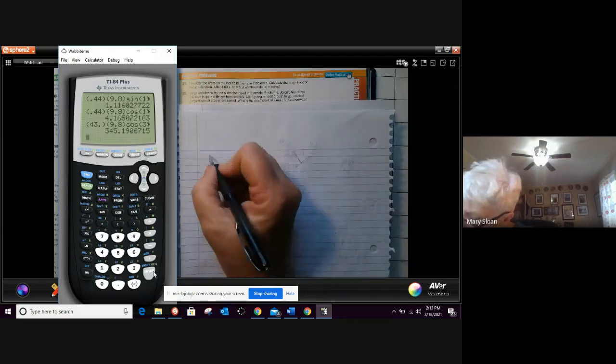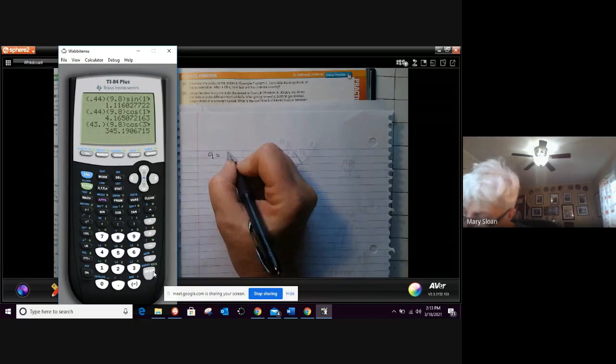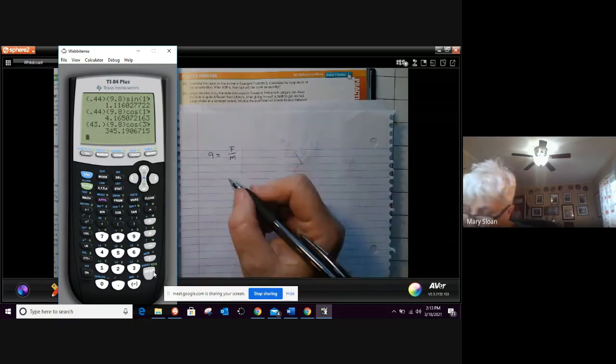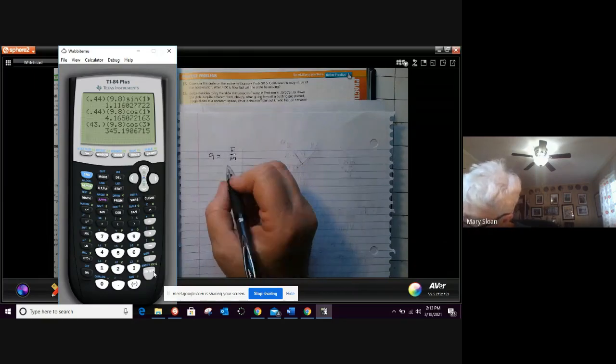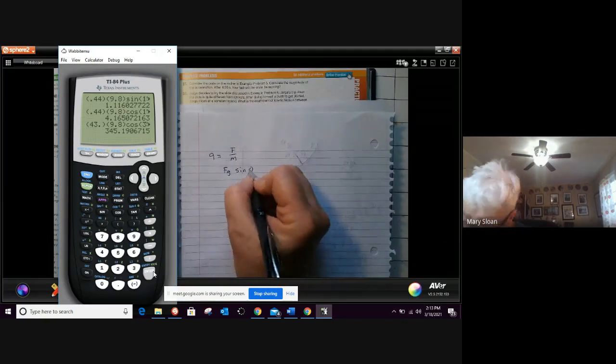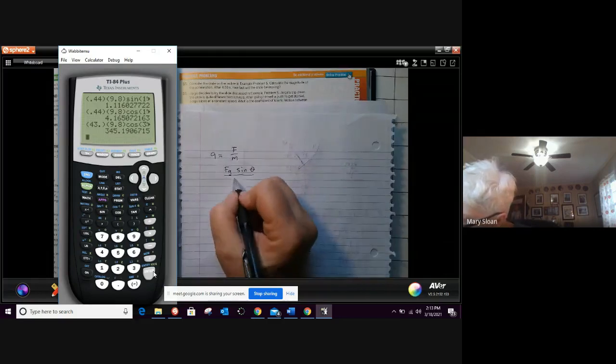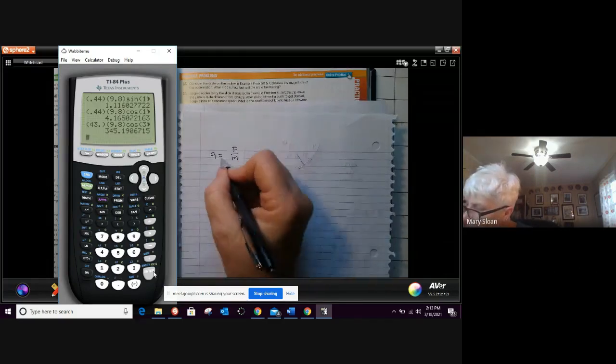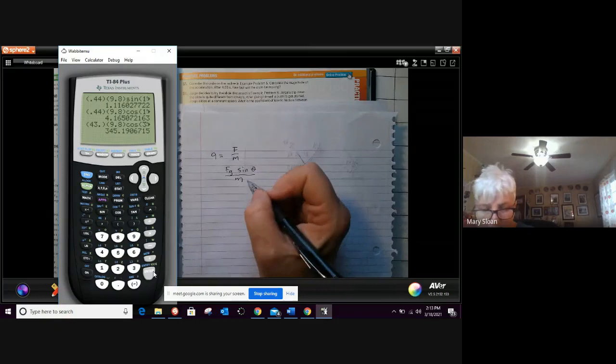The first thing we want to do is we're looking for acceleration. That is, of course, force divided by mass. So to be able to find force, we need to have force gravity, sine theta, over mass. So I'm taking this acceleration and I'm plugging in this.